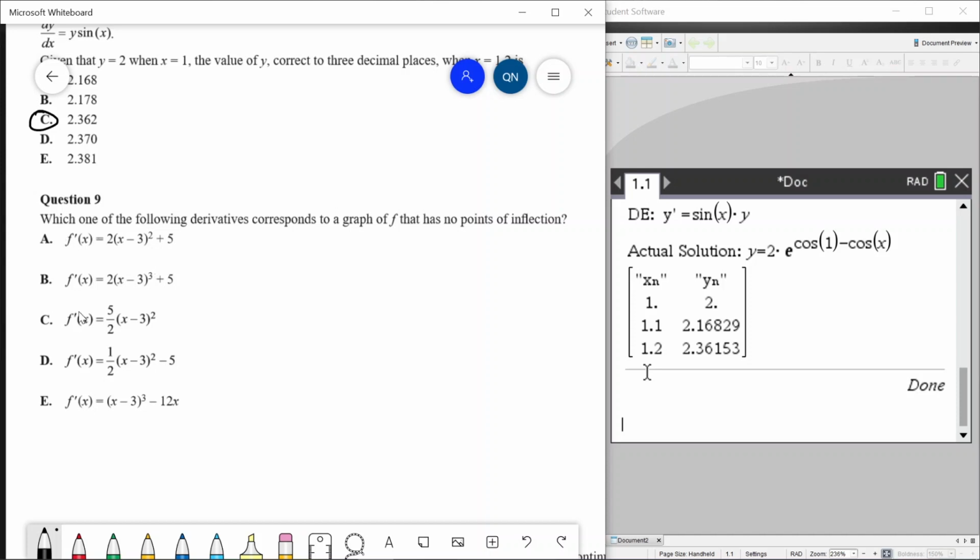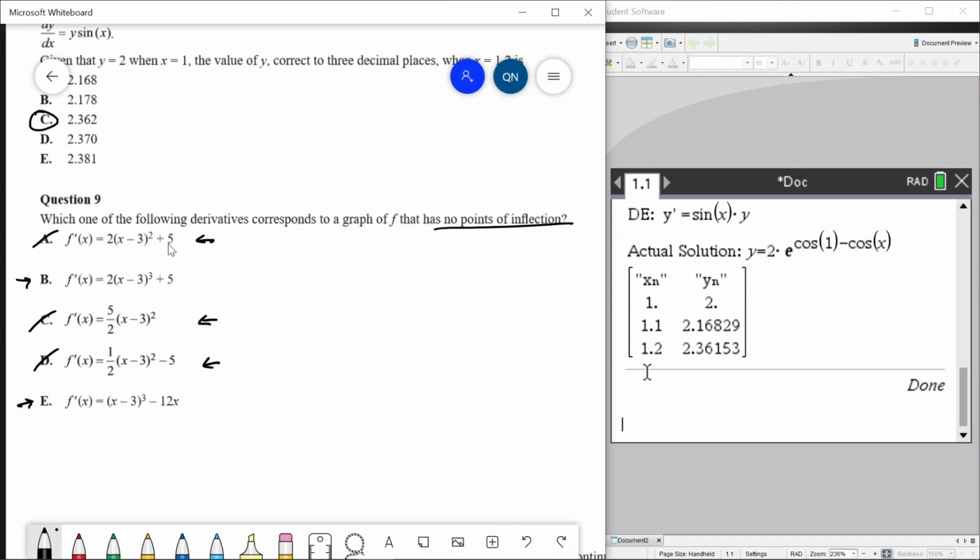So if these are derivatives over here, notice we have some quadratics. So this one's a quadratic, this one's a quadratic, and this one's a quadratic. If you integrate a quadratic or anti-differentiate it, you'll get a cubic. So cubics are going to have points of inflection. We want a function f that has no points of inflection. So a, c, and d are automatically gone, which leaves us with b or e.